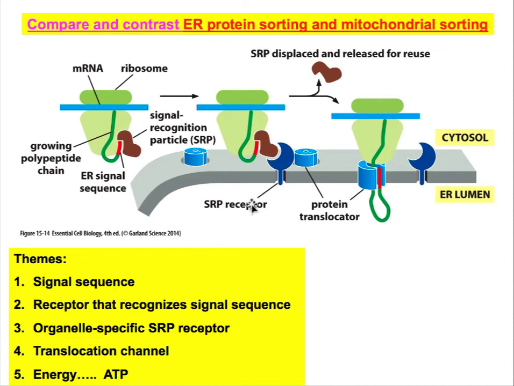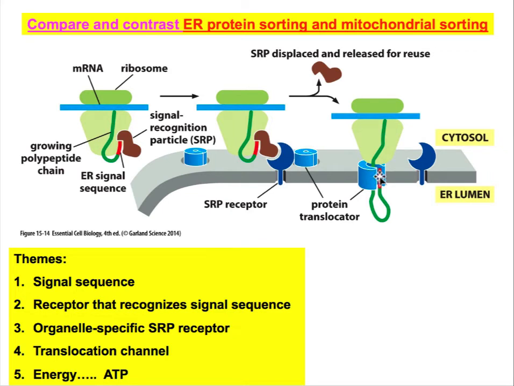Now, once docked with the SRP receptor, they then dislodge the SRP, the brown one, and hand over the entire ribosome, including the signal peptide, to the protein translocator.